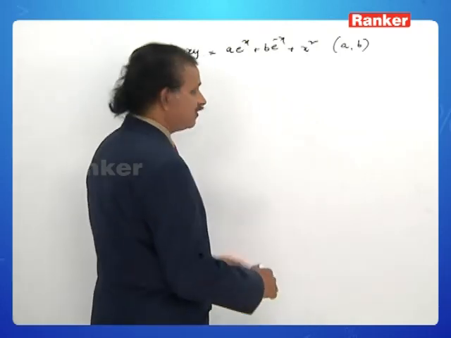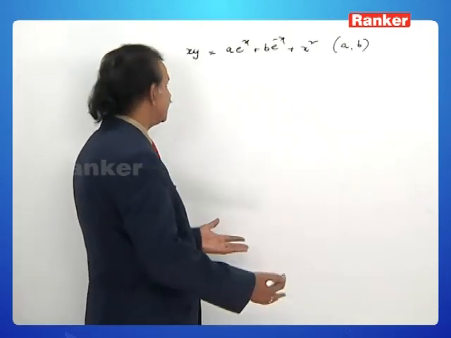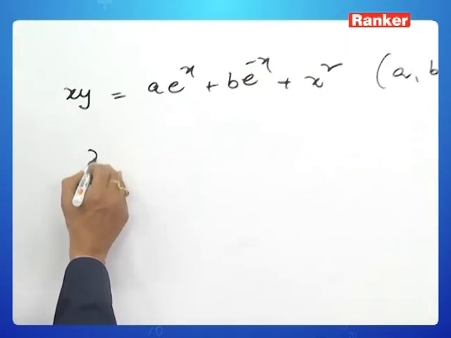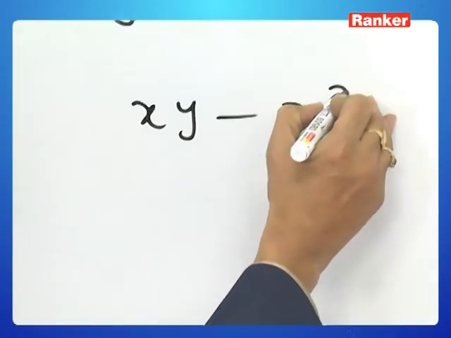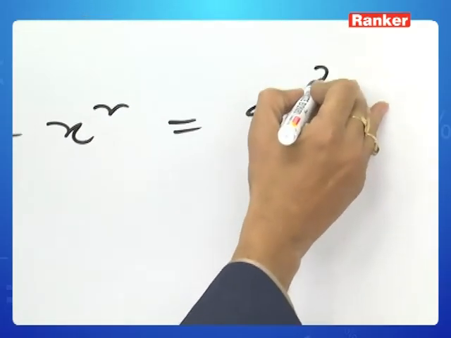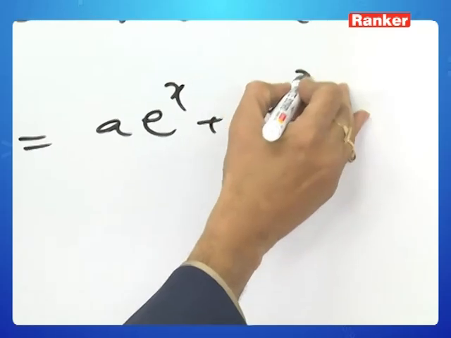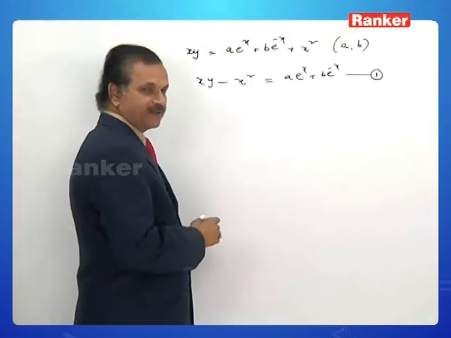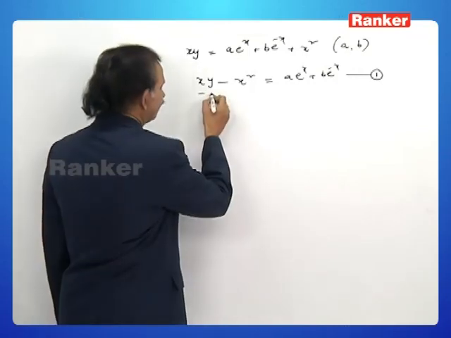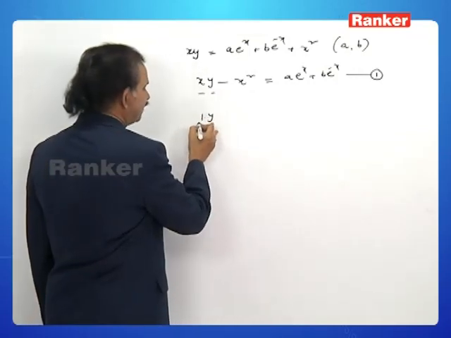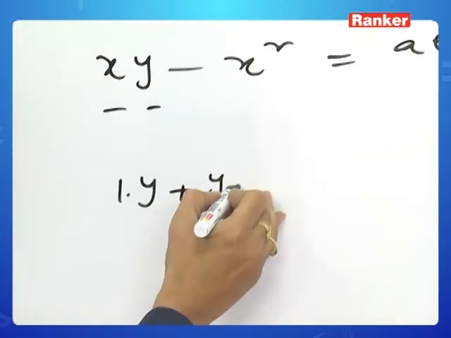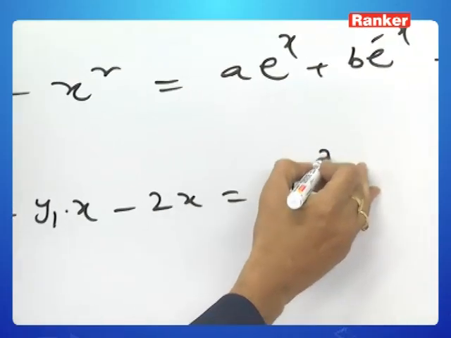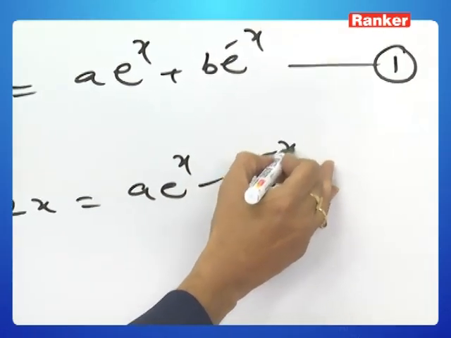Okay, before beginning the process of differentiation, let us do a very simple thing. xy minus x square is equal to a e power x plus b e power minus x. Call this 1. Now you differentiate it. u derivative into v plus v derivative into u, minus 2x is equal to a e power x minus b e power minus x.